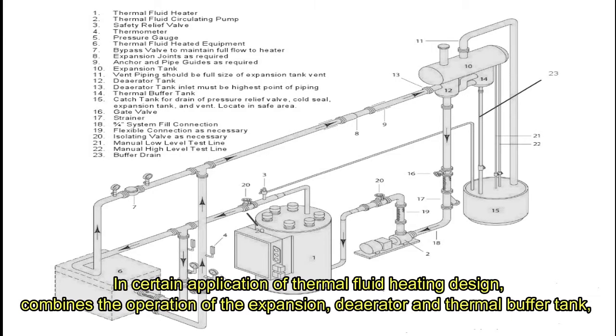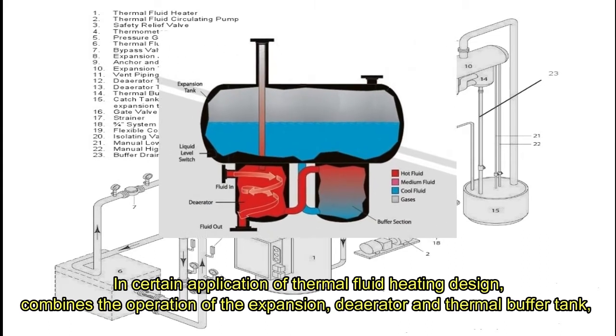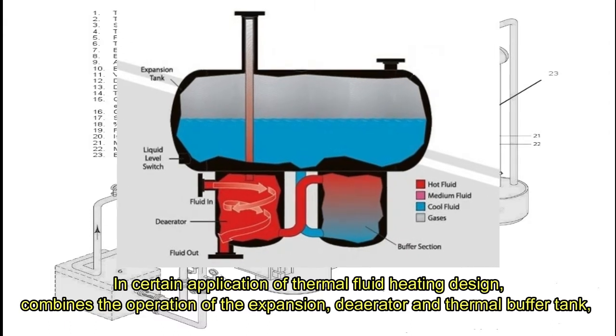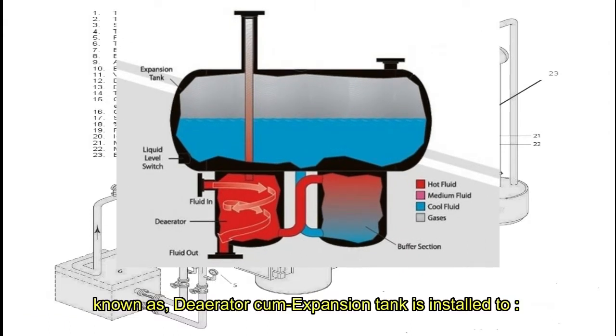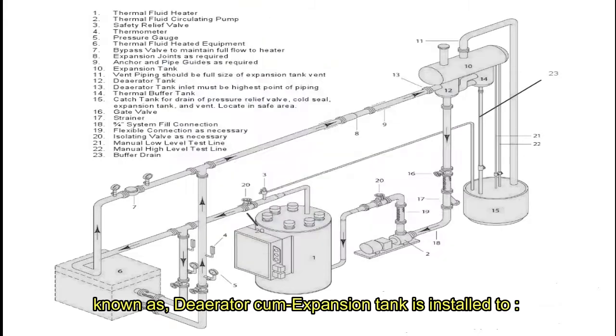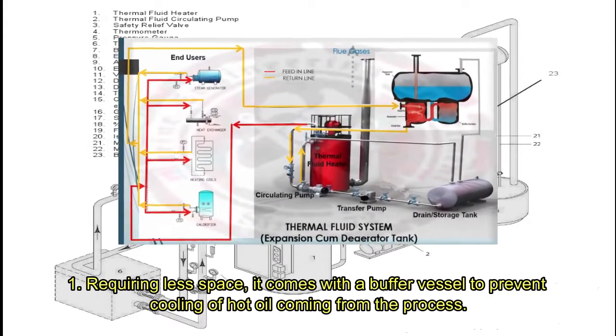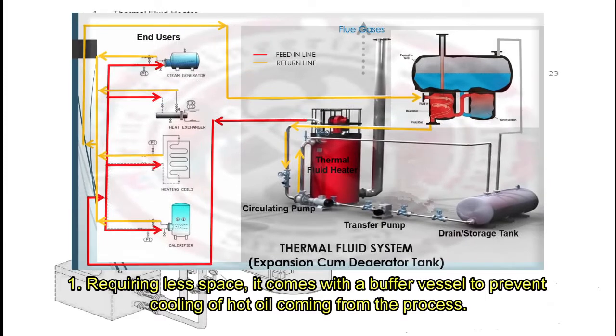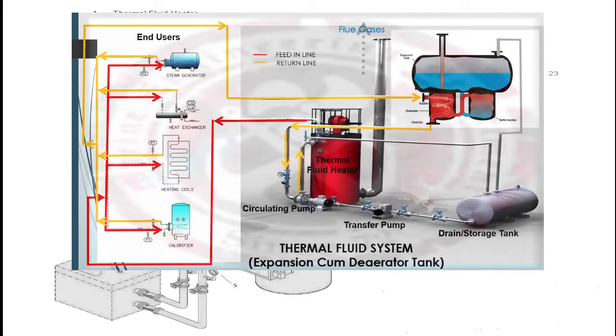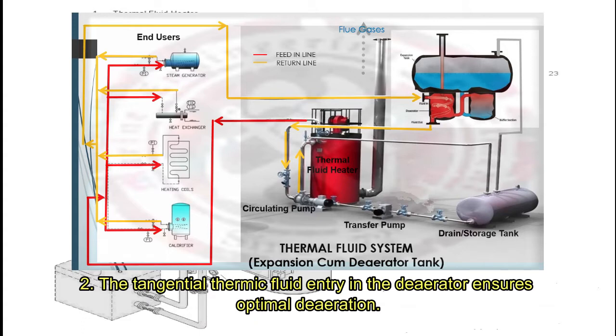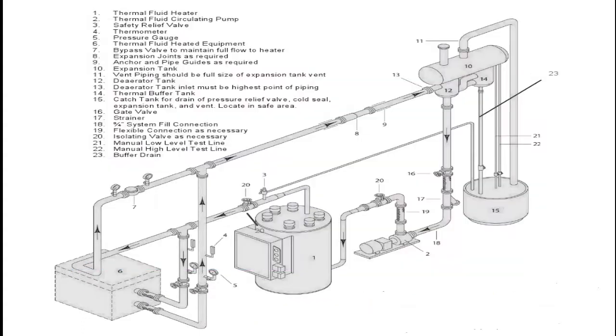In certain applications of thermal fluid heating design, a combined expansion, deaerator, and thermal buffer tank, known as a deaerator-cum-expansion tank, is installed. 1. Requiring less space, it comes with a buffer vessel to prevent cooling of hot oil coming from the process. 2. The tangential thermic fluid entry in the deaerator ensures optimal deaeration.